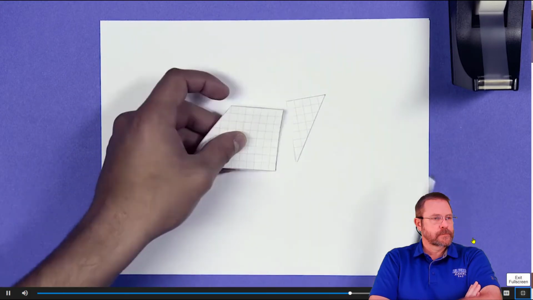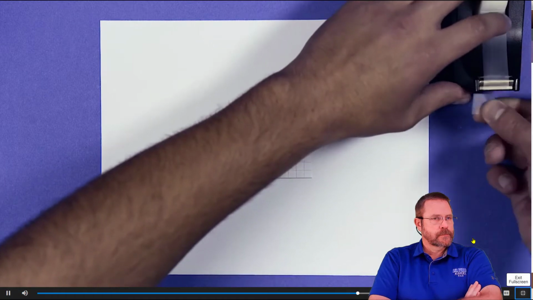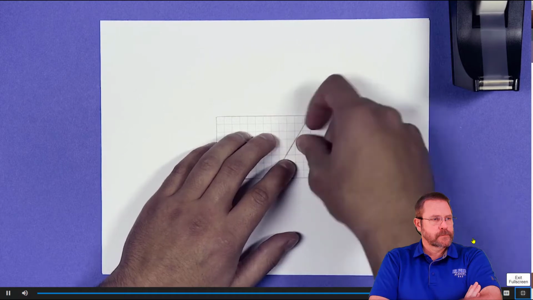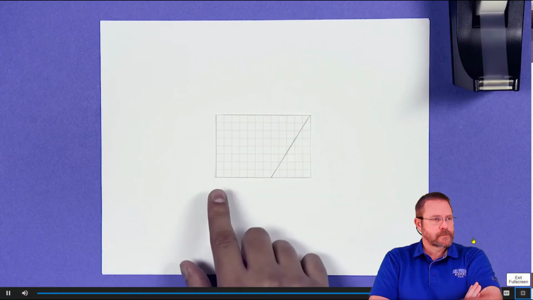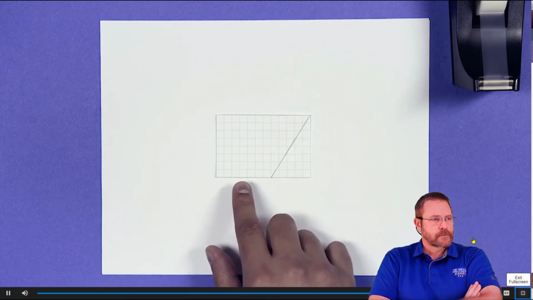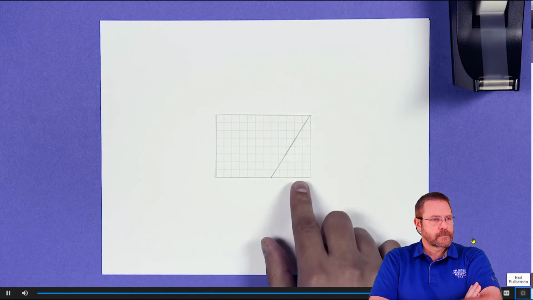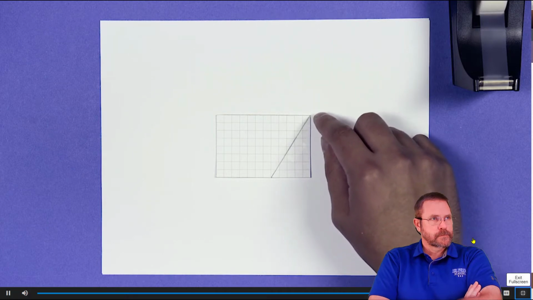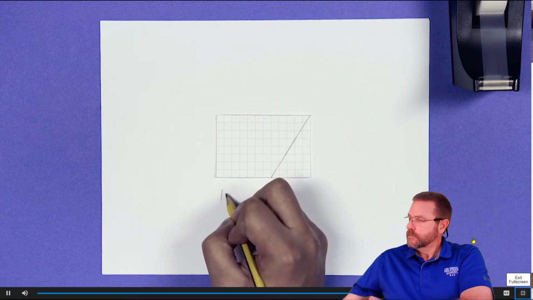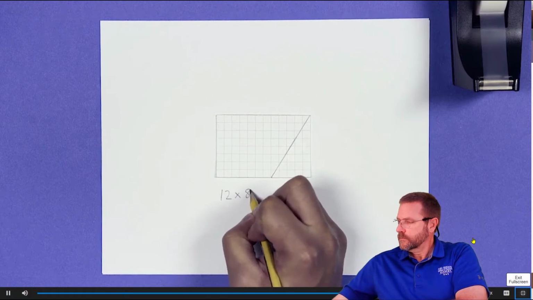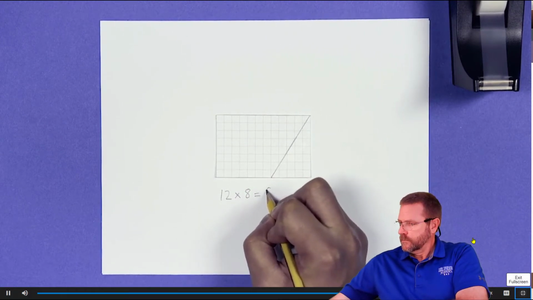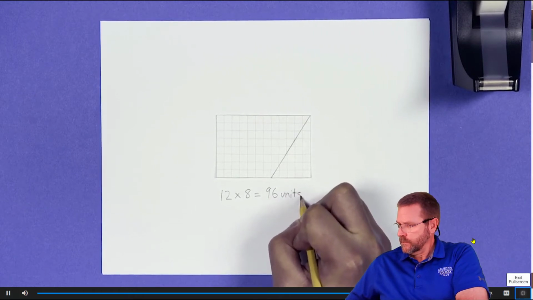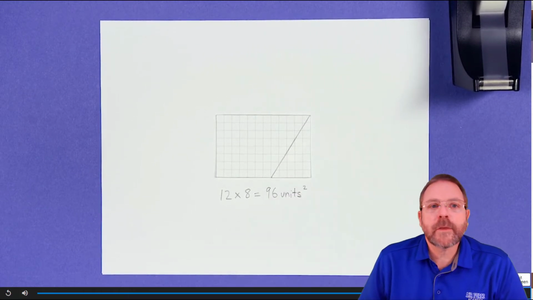Cut off the right triangle and use tape to attach it to the right side of the parallelogram. Count the number of units along the base of the rectangle. The base is 12 units long. Then count the units up the side. The height is 8 units. Multiply to find the area of the rectangle. So, because we know the area of the rectangle, we know the area of the original parallelogram is also 96 square units. Well, okay, that's pretty simple.